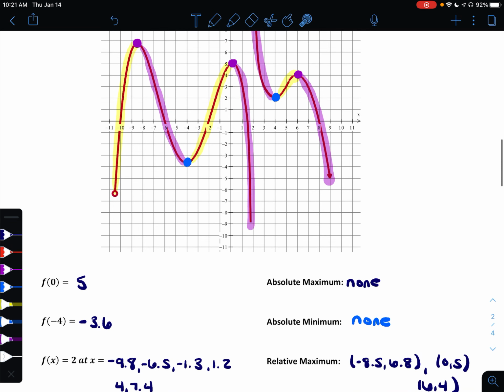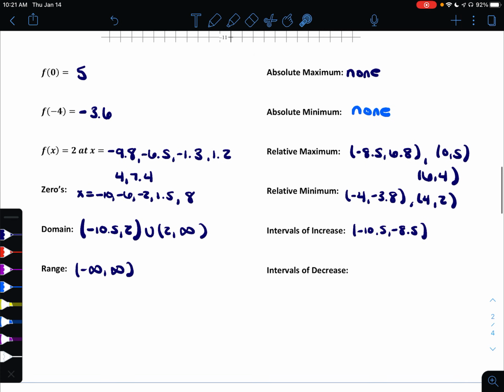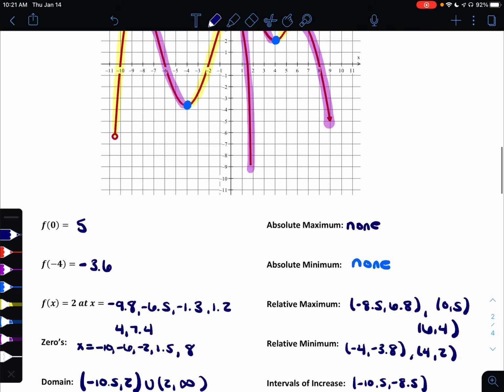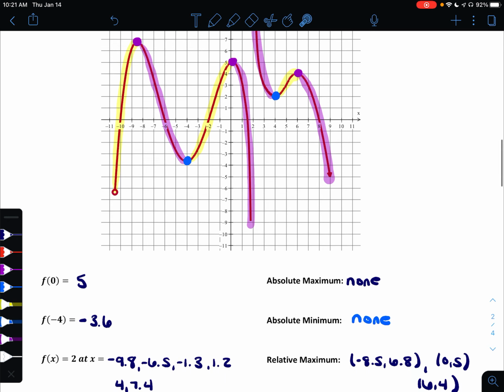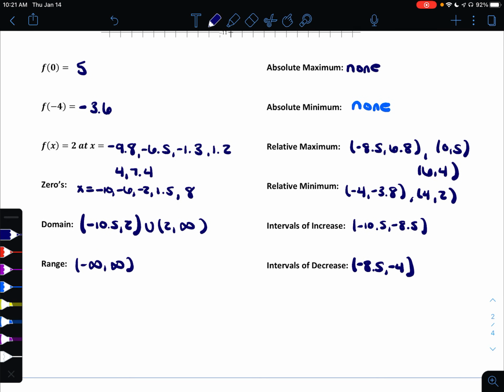All right, then we're decreasing from x equals negative 8.5 to x equals negative 4. So decreasing from negative 8.5 to negative 4. All right, then we are increasing from x equals negative 4 to x equals 0. And negative 4 to 0.